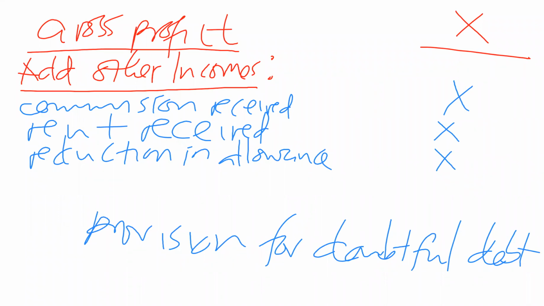Let me make it practical. Say you have some people that owe you 15,000. As they owe you 15,000, you are expecting the money, but when you look at these people, there are some that you are doubting.